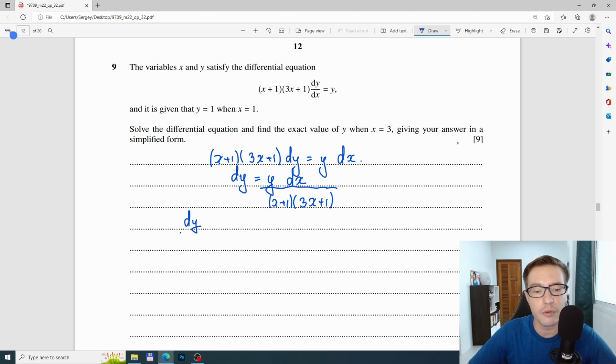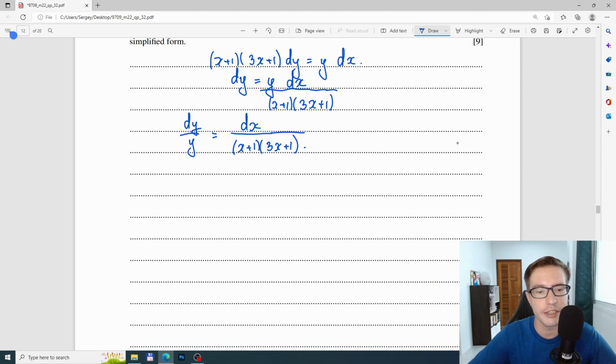I'll get dy over y equals dx over x plus 1 times 3x plus 1. Now on the left side we have a standard easy integral, when I integrate both sides of course, that equals natural log y. Now the right side is a bit more complicated.